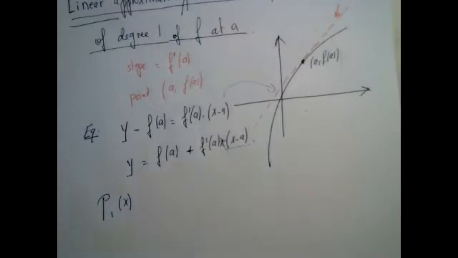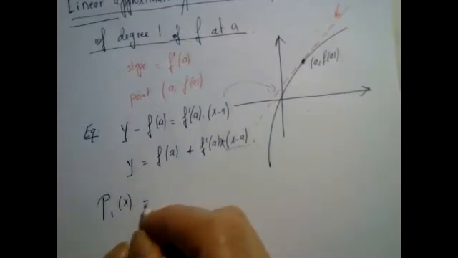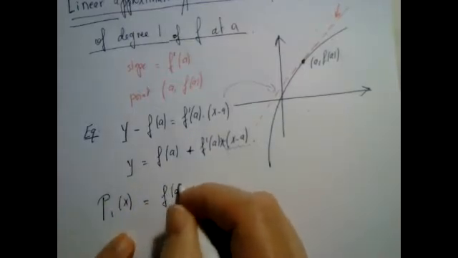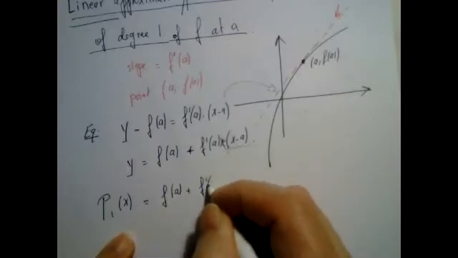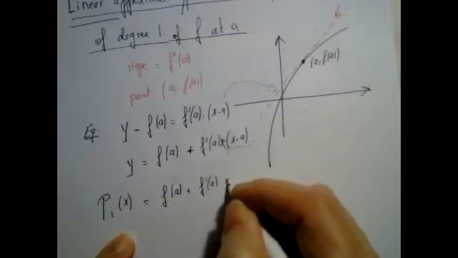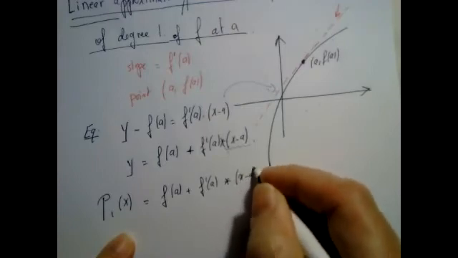All right. So we're going to set P1 of x to be f of A plus f prime of A times x minus A. In other words, P1 of x is the function whose graph is the tangent line.